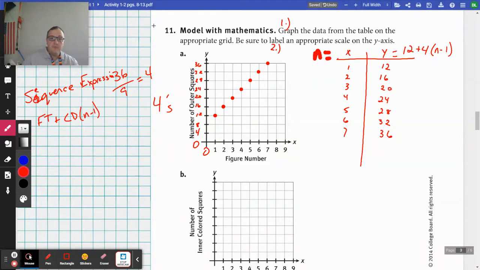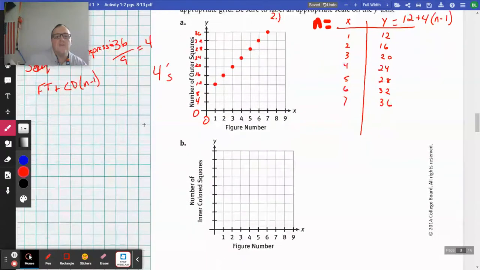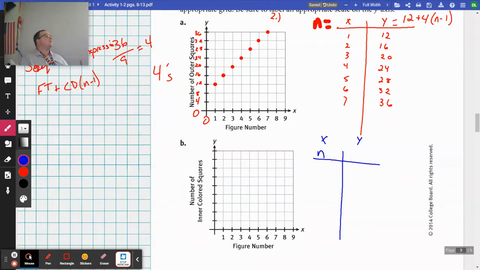So for B, right, for graph B, we said that the figure number, which was our n, that's our x and our y, but we said the figure number, which was n. And how did we come up with our expression? Do we remember what we said? We said at number 8.